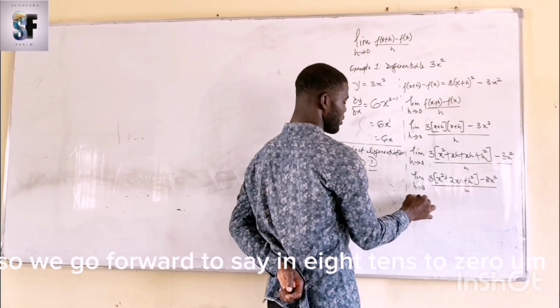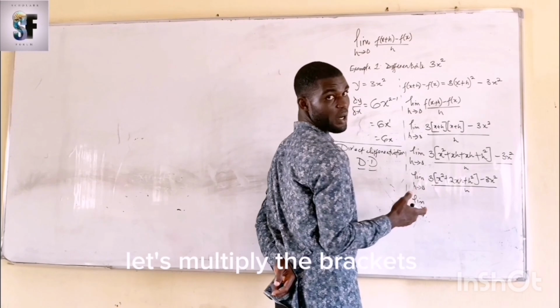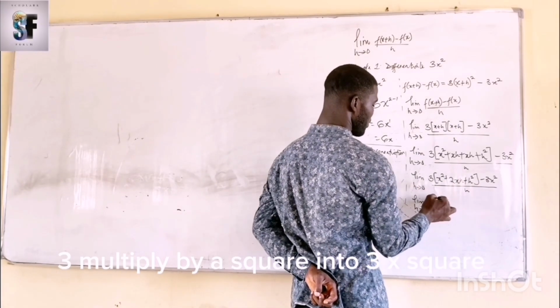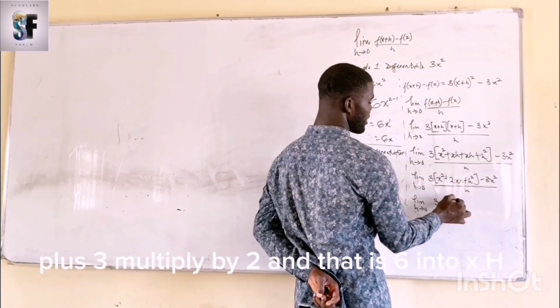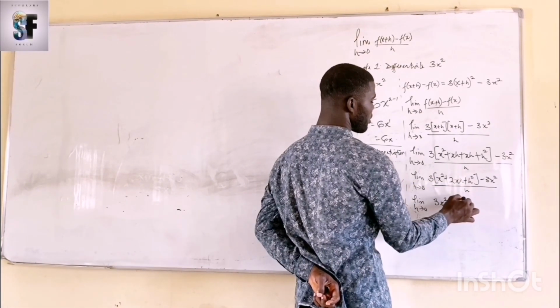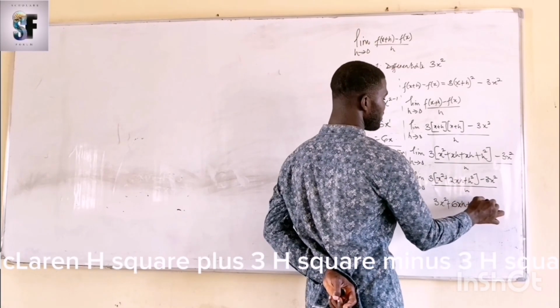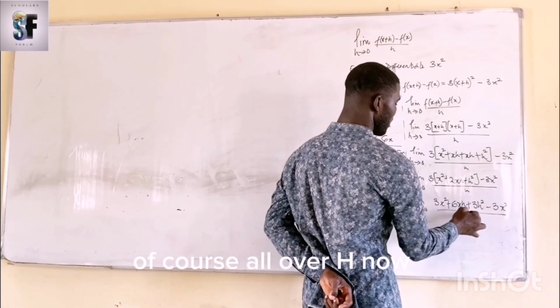So we go further and multiply the brackets. 3 multiplied by x squared gives you 3x squared, plus 3 multiplied by 2, that is 6 into xh, plus 3 multiplied by h squared, that's 3h squared, minus 3x squared, of course, all over h.